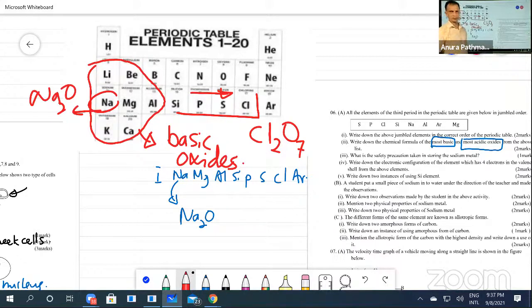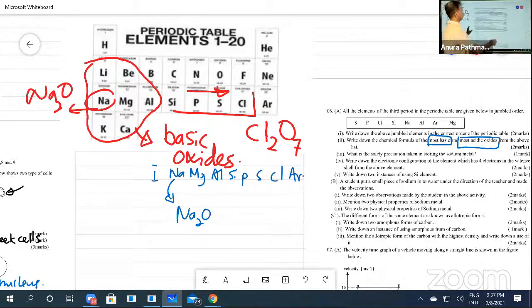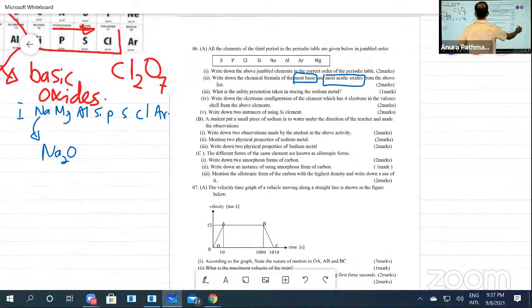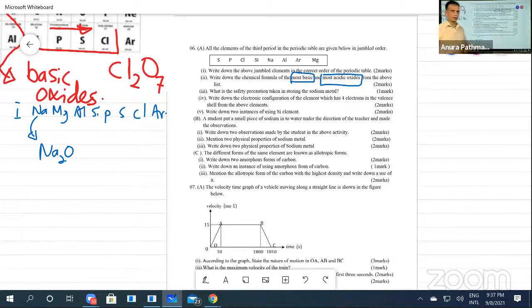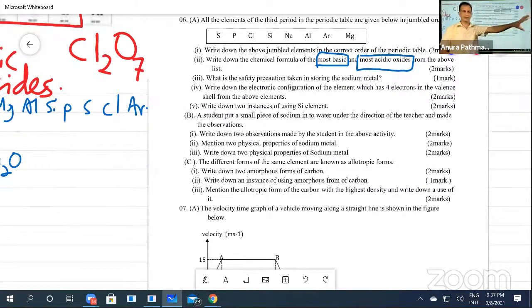Yes, sir. So from there you learn that basic substances are available from the oxides of metals, and acidic oxides are available with the non-metallic oxides.